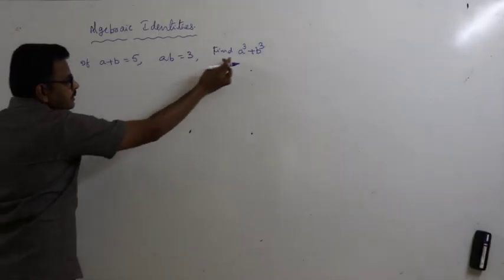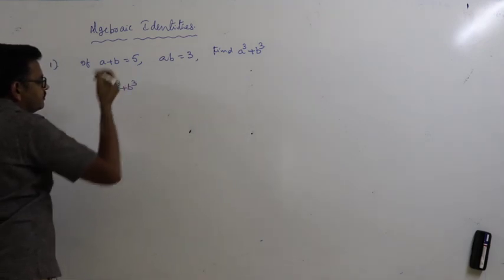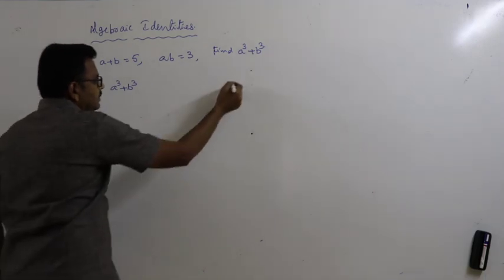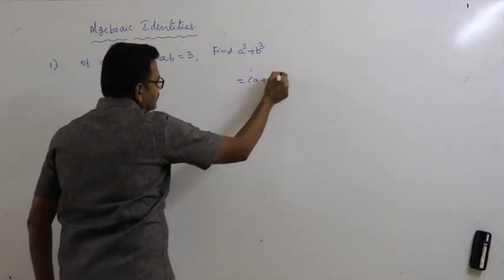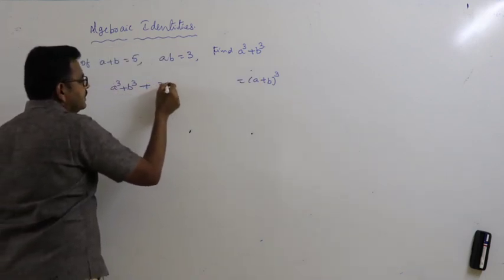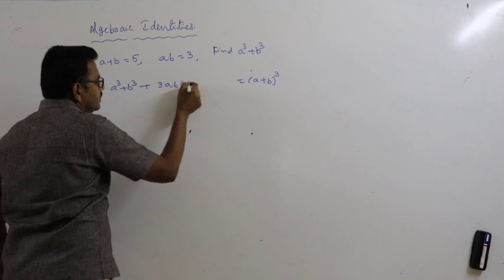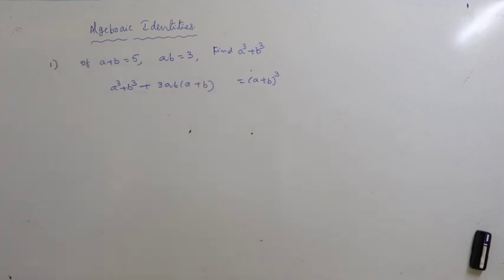Already we discussed earlier about this formula, a cube plus b cube. Once again, the a plus b whole cube formula: a cube plus b cube plus 3ab into a plus b.